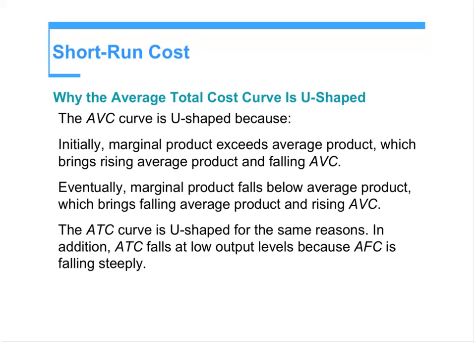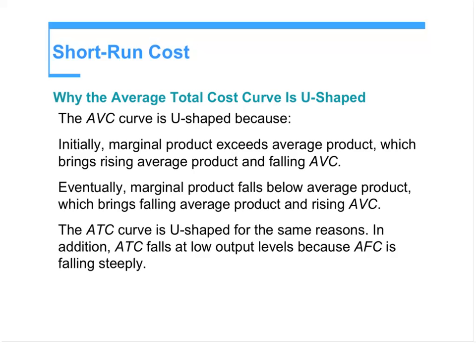To make you understand, you can remember the GPA and the course exam. Your marginal product is like your score in that new course you take, and your average product is your GPA. So when you score less in your new course than your GPA, then your GPA starts falling.